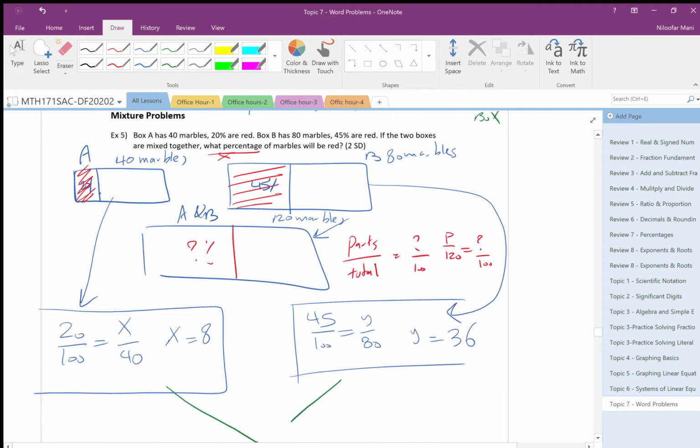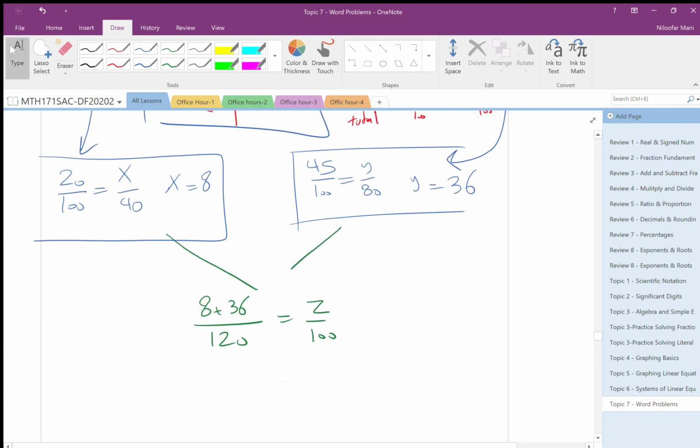Now I find z. So what is z? z is 8 plus 36, multiplied by 100, divided by 120, which is 36.6 repeating percent.